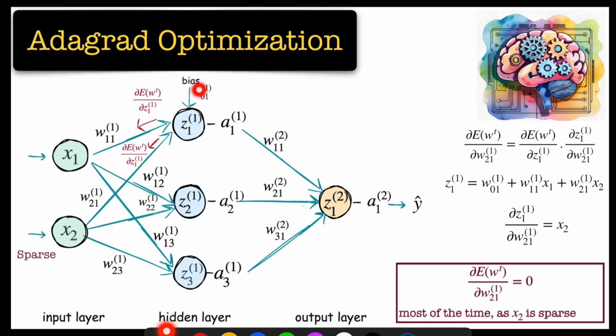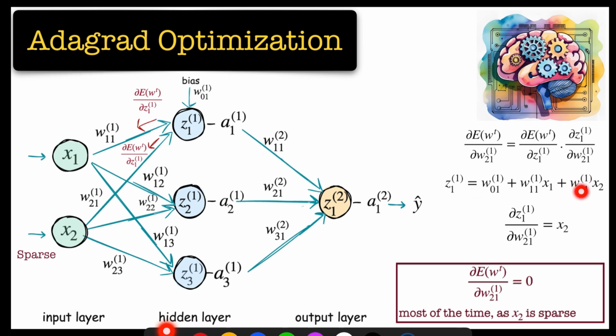We have one bias as well, W011, then W111 x1 plus W211 x2. This is Z11, right?